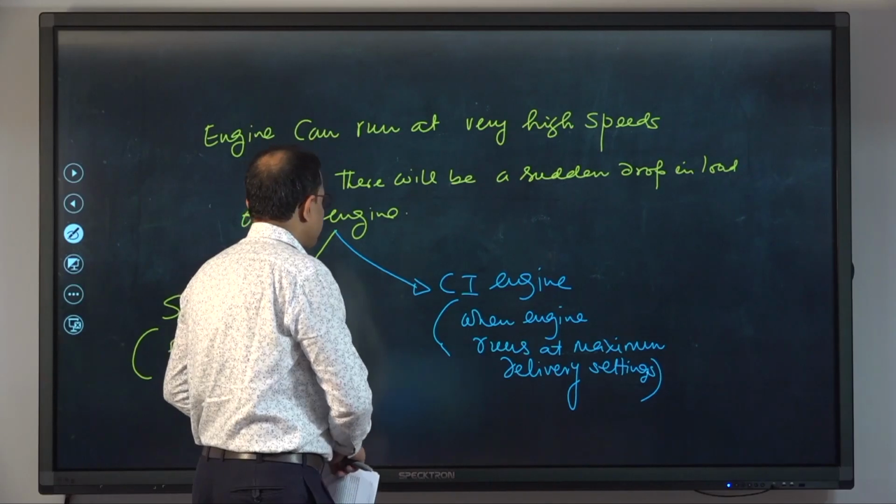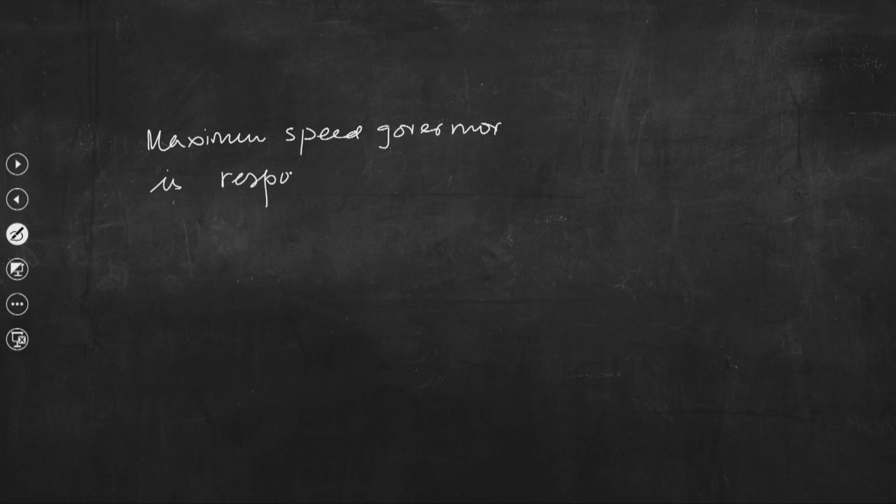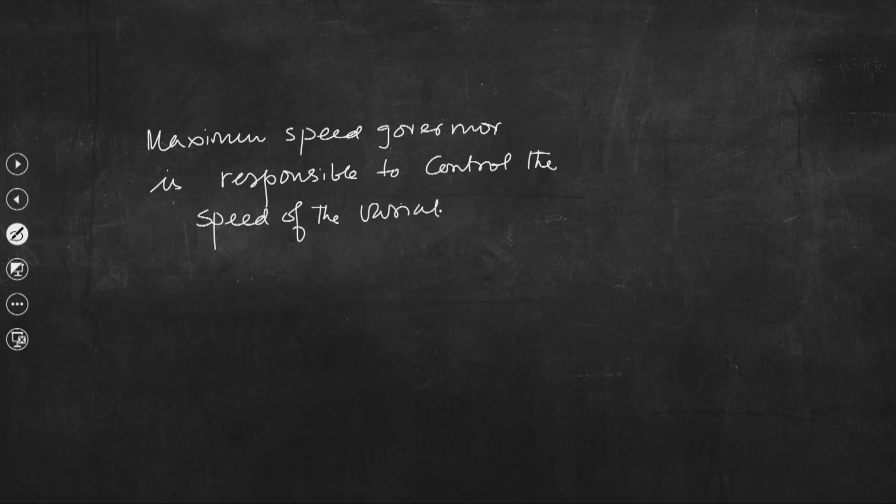So, this maximum speed governor is responsible to control the speed of the variable speed engines.